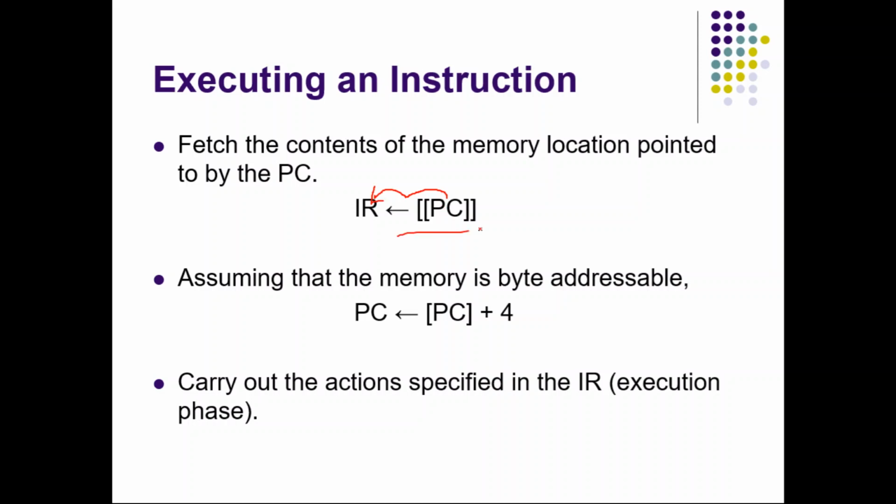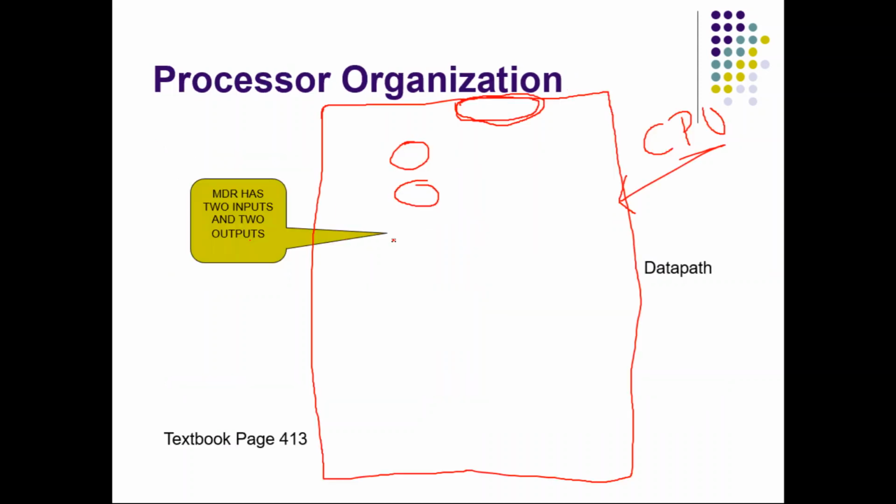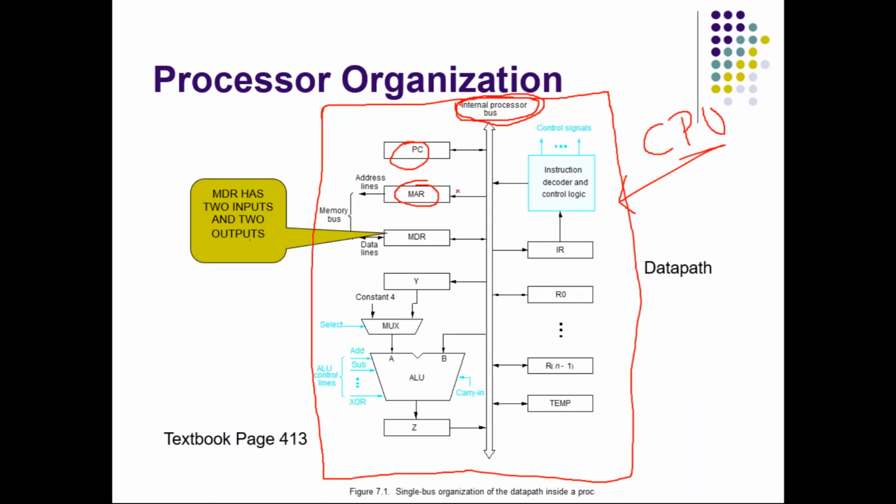We are telling it like this, but actually how does it happen? PC contains the address of the next instruction to be fetched, but from PC that address will be moved to MAR. Anything you want to fetch from the memory should be moved to MAR, the memory address register.